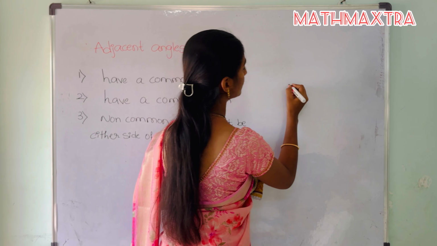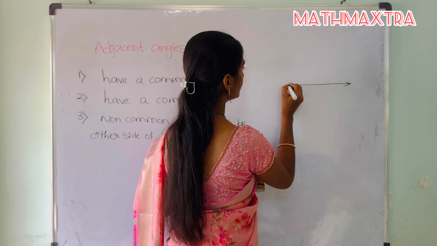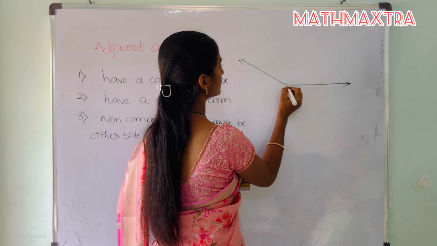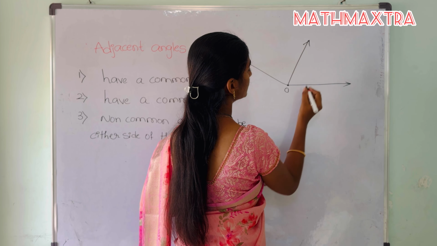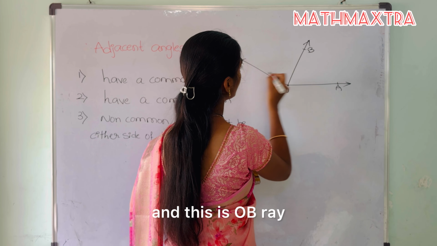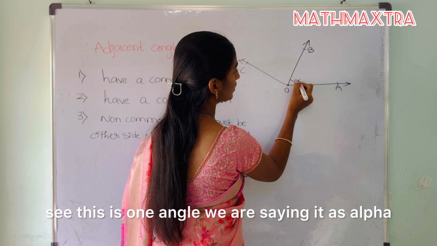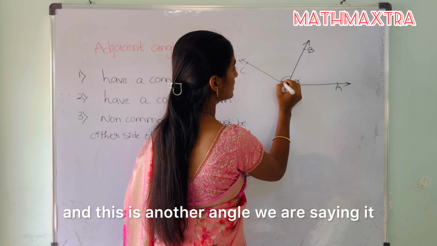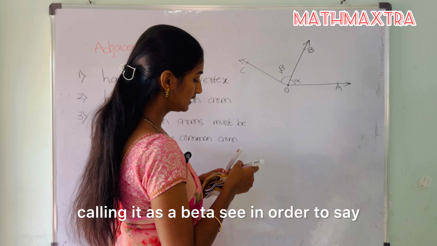See, this is the OA arm, this is the OB ray, and this is the OC ray. This is one angle, we are calling it alpha, and this is another angle, we are calling it beta.